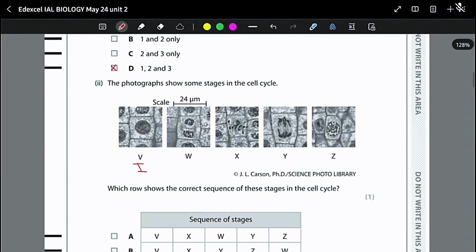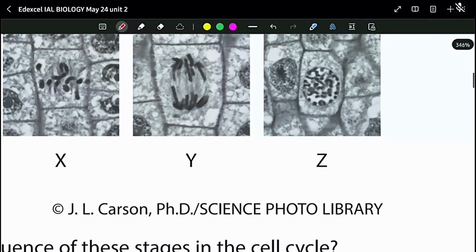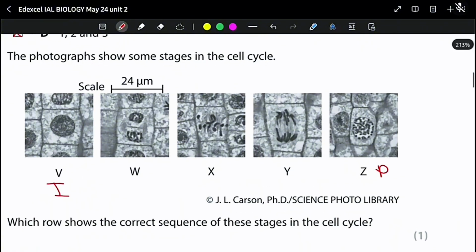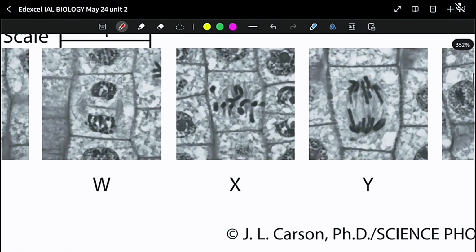Then the next stage, which is prophase. Prophase has to be Z, because here you can see the chromosomes being visible, right? So this has to be prophase. Then metaphase. We can see X as metaphase because the chromosomes are lining up across the equator.